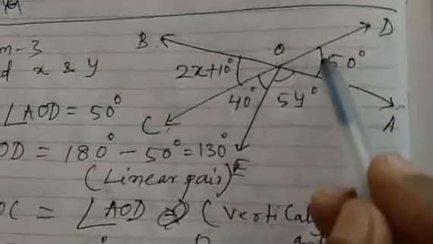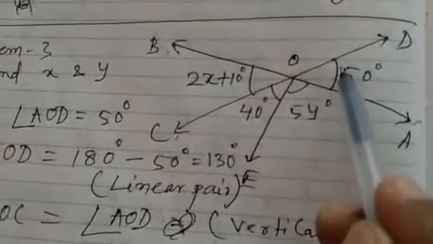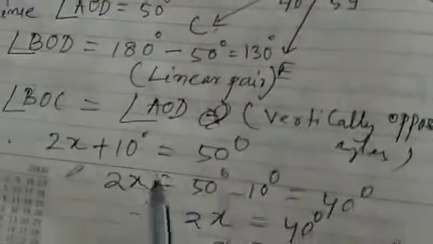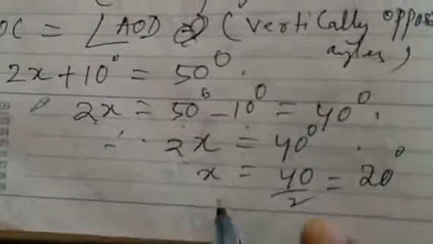Therefore, 2x plus 10 is equal to 50 degree. Simplify now to find x. 2x is equal to 50 minus 10, which is 40 degree, so x is equal to 20 degree.